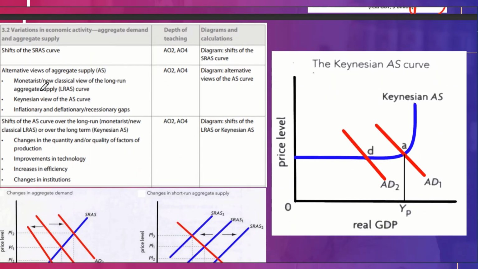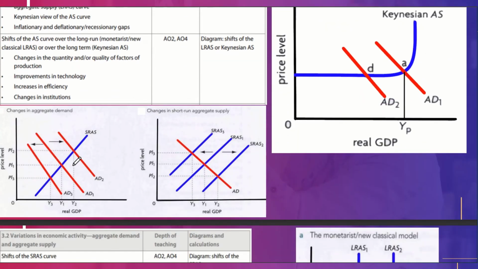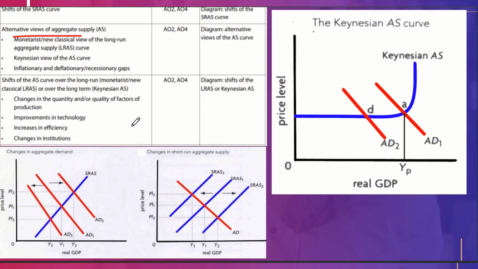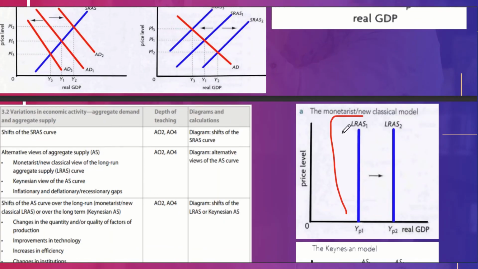Okay, then alternative views of aggregate supply. See, look here, the classical view is different and the monetarist view is different. See, in the long run aggregate supply, classical economists think the long run aggregate supply curve is a vertical one.